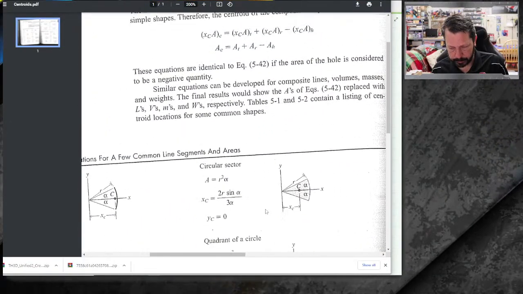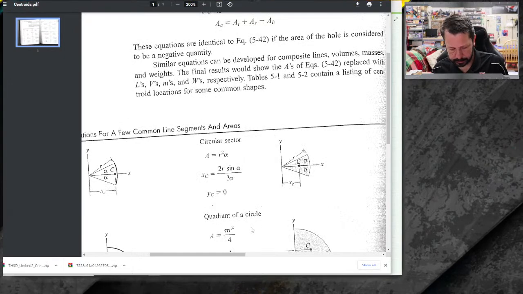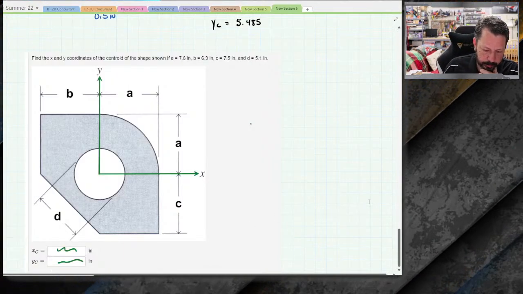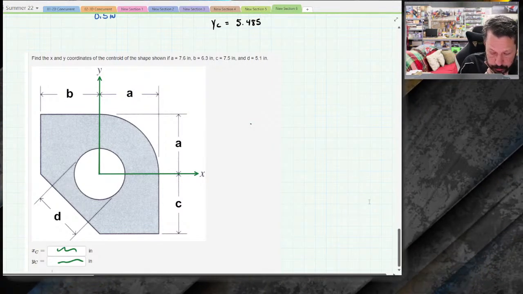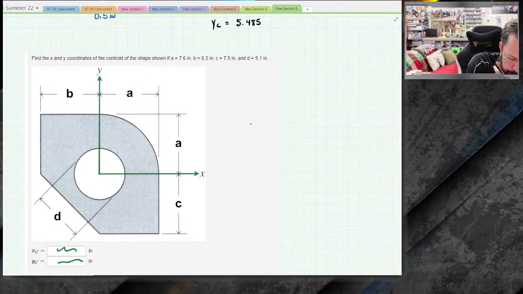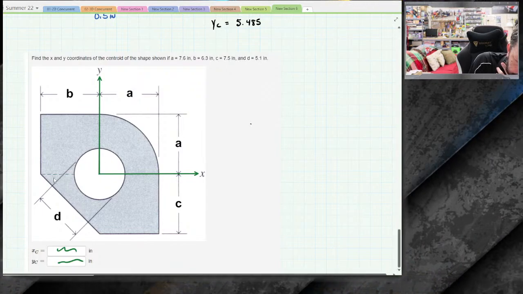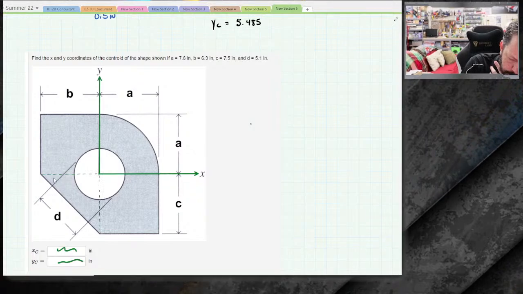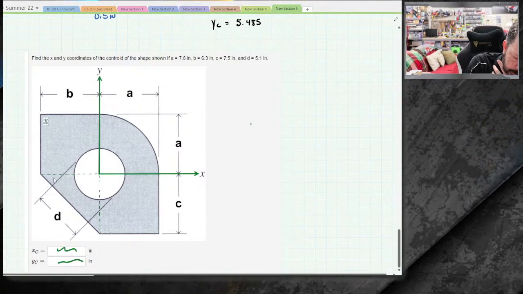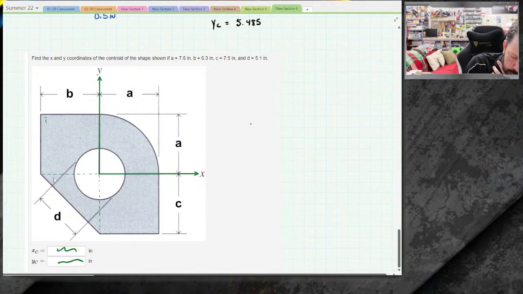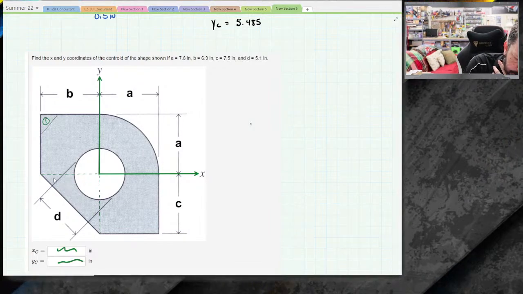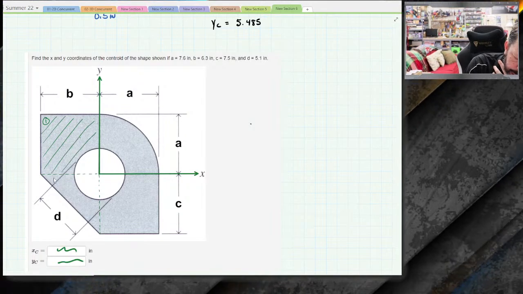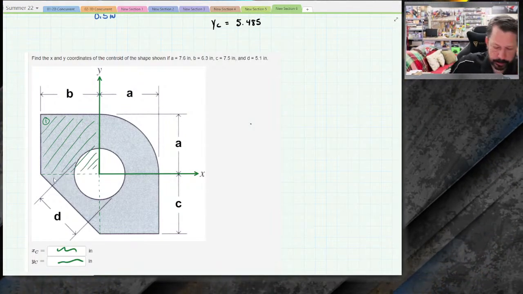All right. So let's start dividing this up. I'm going to say that I'm going to use two rectangles. So this piece right here, you know, this guy. Now it's going to cover up some of that hole.